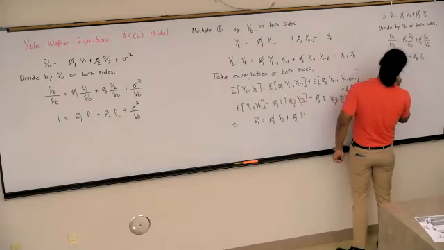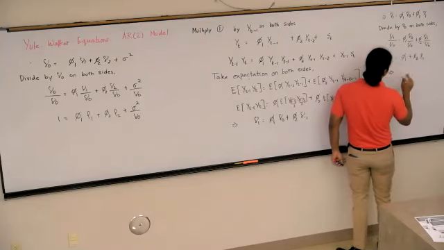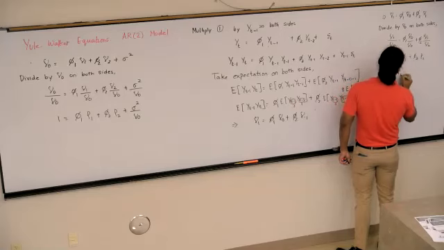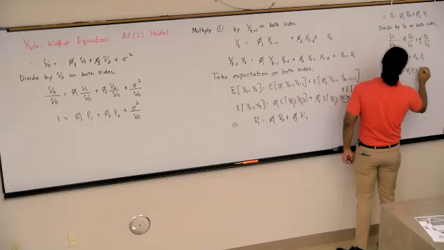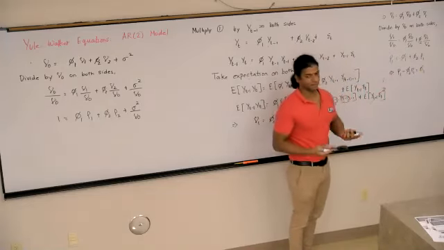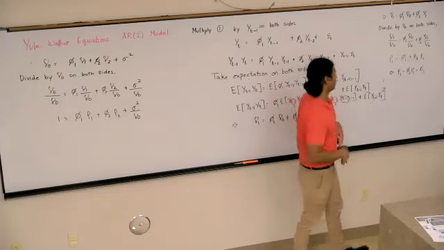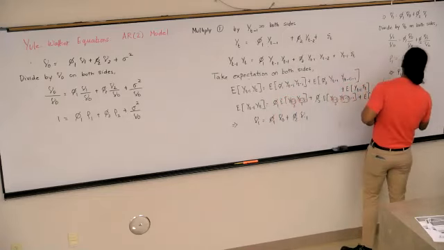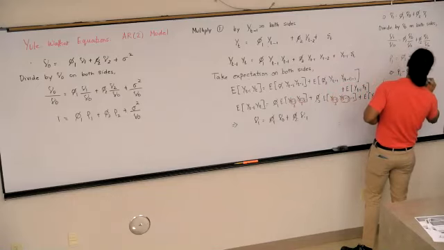So we can rewrite this if we move the rho 1 terms to the other side. We can come up with the autocorrelation for the series. So rho 1 minus phi2 rho 1 equals phi1.